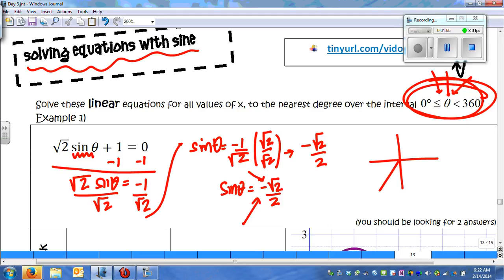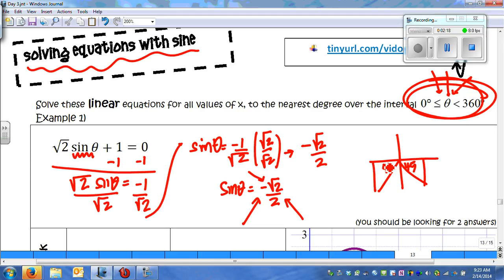Those two quadrants are quadrants 3 and 4. So this equation is going to have two answers, one angle in quadrant 3 and one in quadrant 4. The reference angle that has this sine, rad 2 over 2, is 45. So it's the 45-degree angle in quadrant 3 and the 45-degree angle in quadrant 4.